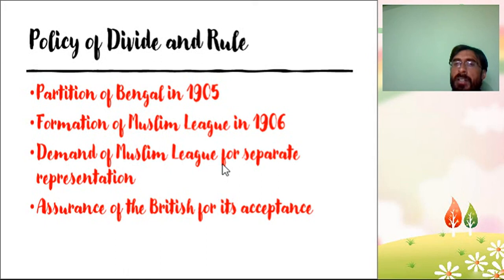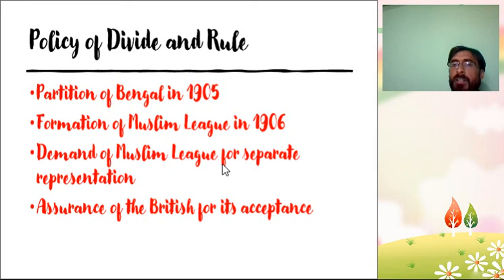Then in 1906, the Muslim League was formed with the support of the British, and its chief demand was separate representation for the Muslims in the legislative assemblies. The British government assured the Muslim League that this demand would be accepted.